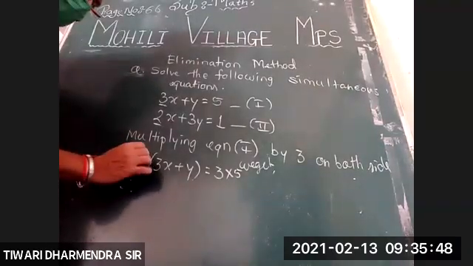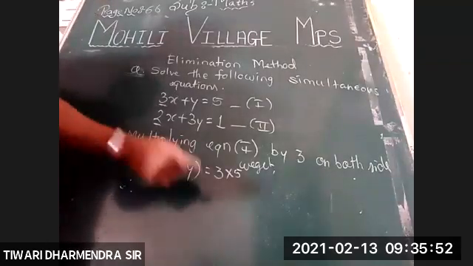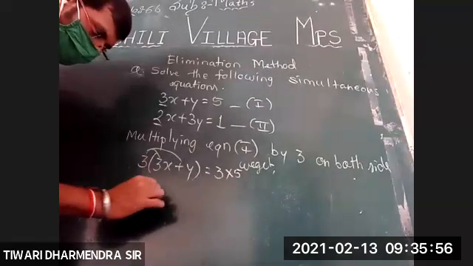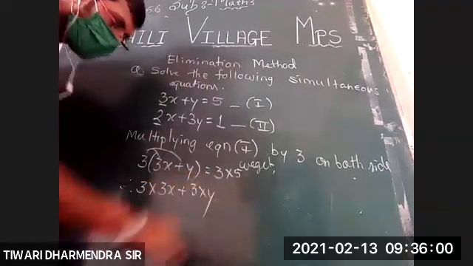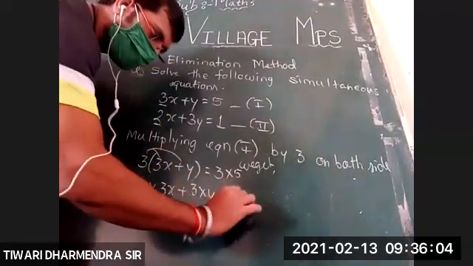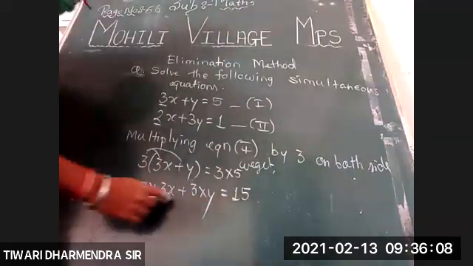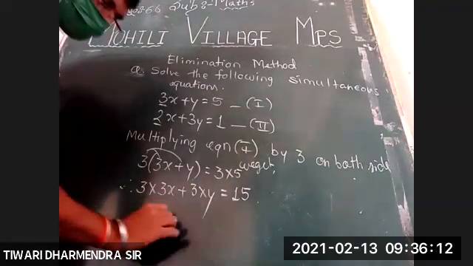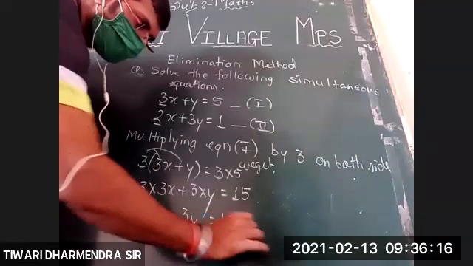When I open the bracket, 3 will get distributed. 3 will multiply to the first term, 3 will multiply to the second term. We have done this in polynomials. So 3 into 3x, 3 into y is equal to 3 into 5 is 15. 3 into 3x is 9x plus 3y is equal to 15. This is my equation number 3.